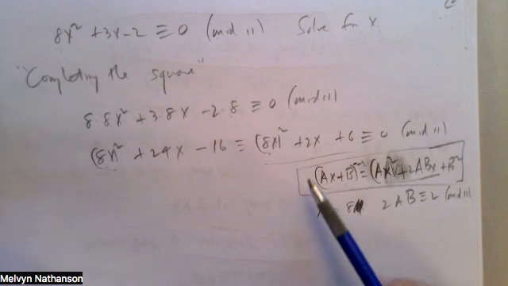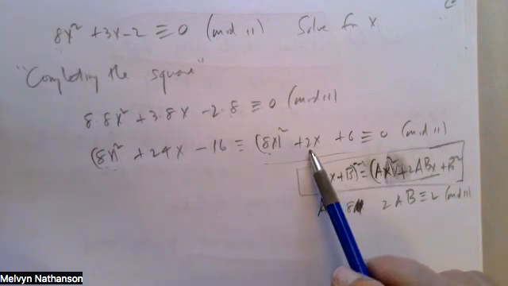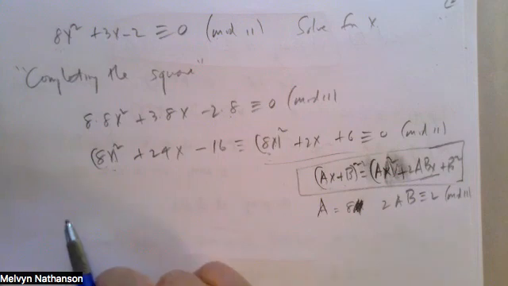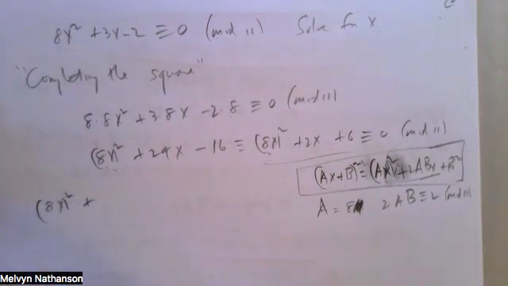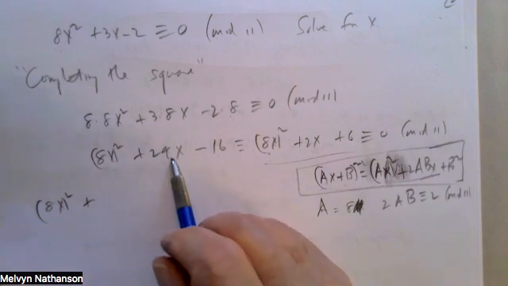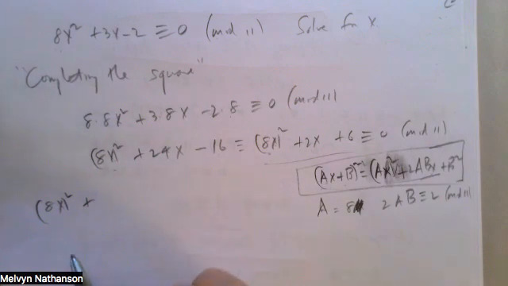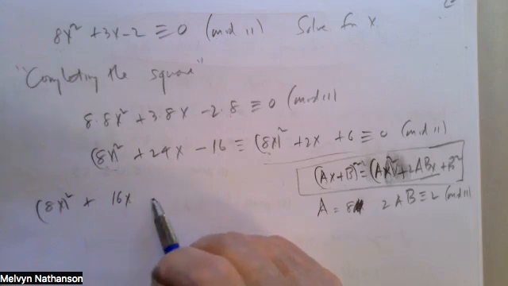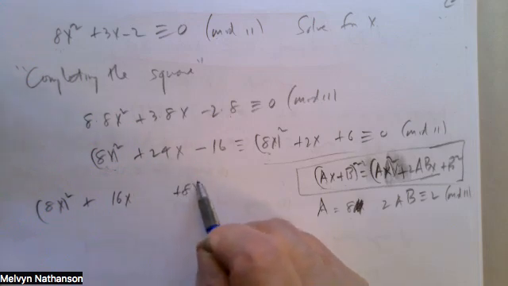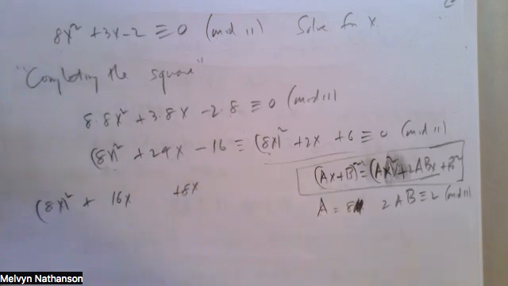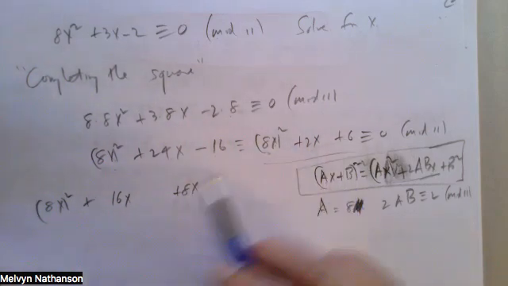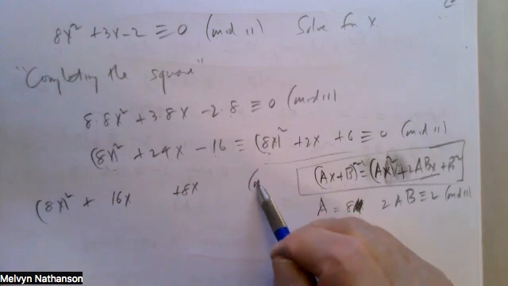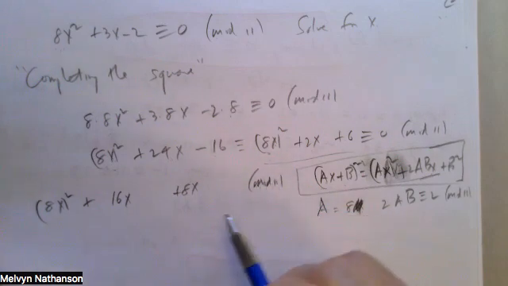Let's see, what can I do? I have 8x squared plus, let me write 24x as 16x plus 8x, and minus 16, which is the same as 6. This is all mod 11.